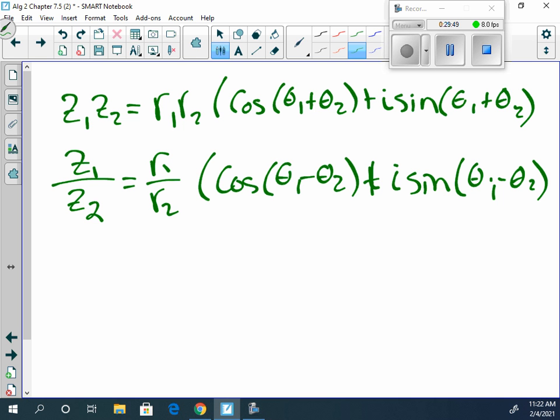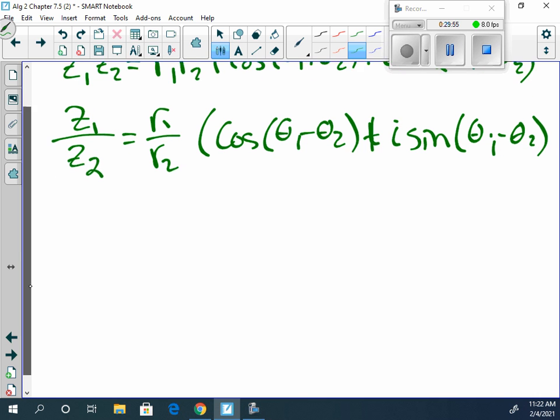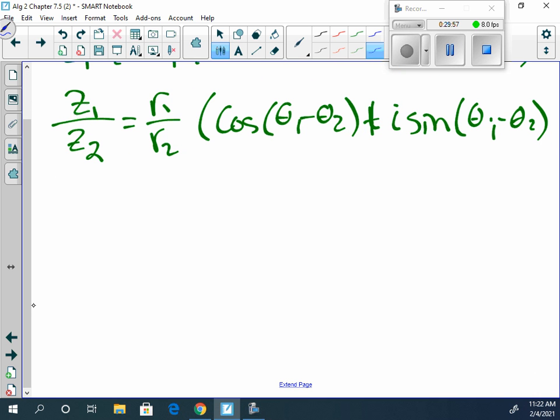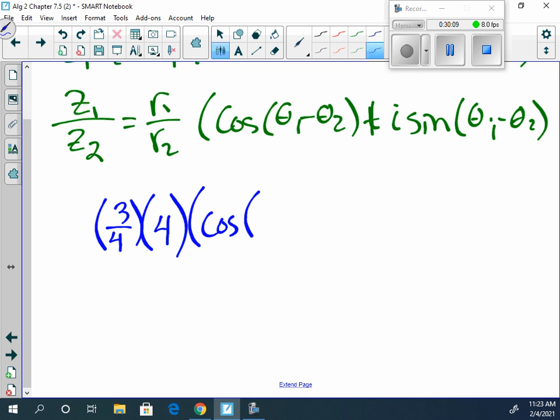Questions on this here? We'll look at the first one. So I'm going to jump into actually writing it in the formula. What's our first r value? And the second r value. First angle. Other angle.